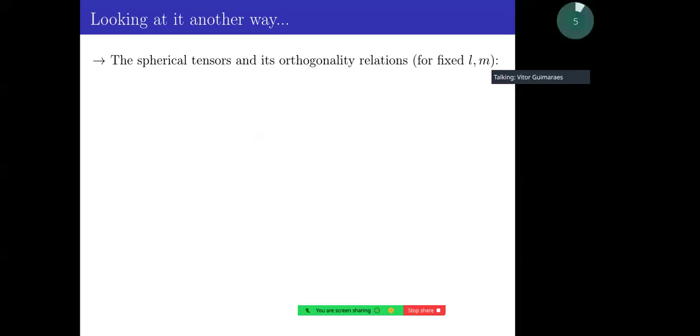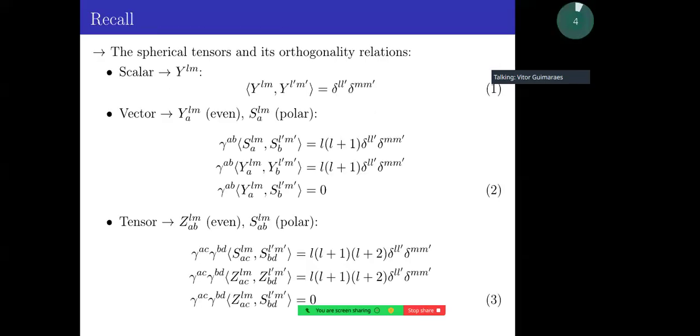I tried it myself yesterday as I was preparing the alterations to this lecture. If you take the inner product with the integral and the complex conjugate and so on, the inner product of Y_A with S_A will yield 0.